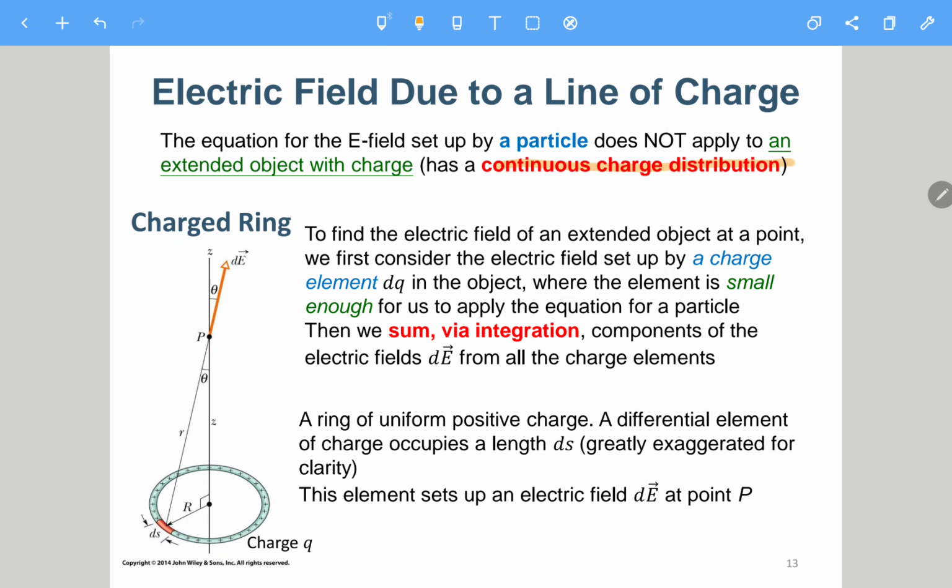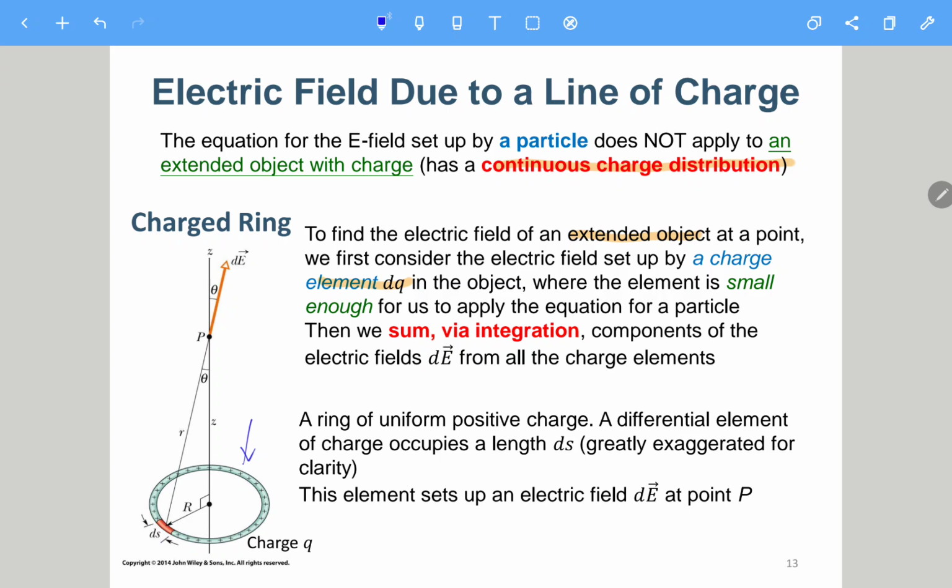Okay, so if we need to find the electric field of an extended object at a point, we first consider the electric field set up by a charge element dq. Actually it is a continuous distribution, but for this case it is a charge ring. So here we try to cut this ring into many small segments.